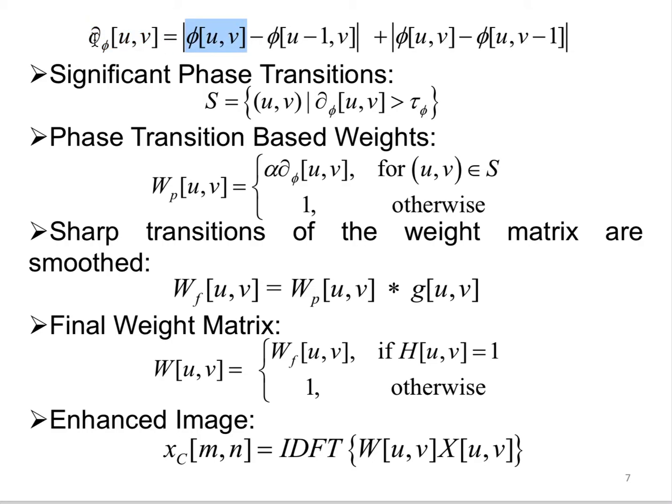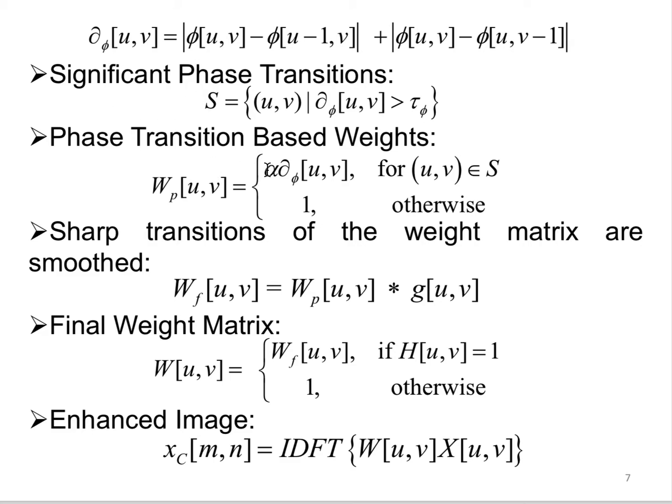So we determine the absolute phase variation along the u direction and the phase variation along the v direction, and then we check if this is greater than a threshold or not. We will estimate the threshold using total variation by minimizing the total variation. So this threshold is not an arbitrary threshold, but it is determined by the total variation of the image.